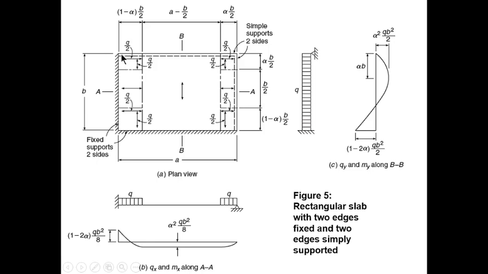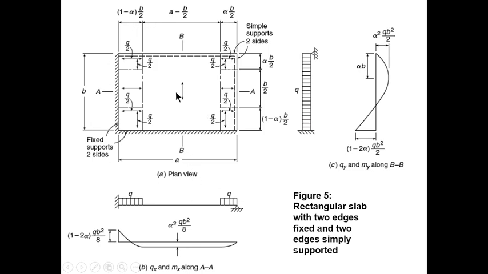So if you go to the long edge, you're only going to see the middle strip is A minus B over 2, but at the continuous edge, you will have 1 minus alpha B over 2. At the simply supported edge, you will have alpha B over 2. And so with that, you have this slab to work with.